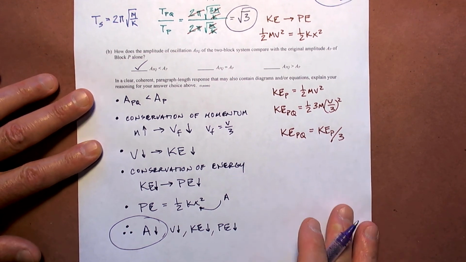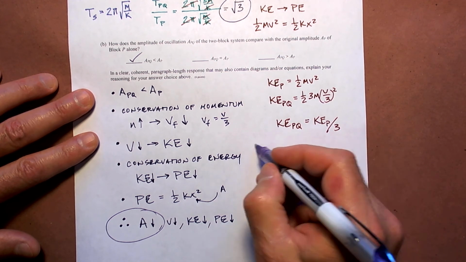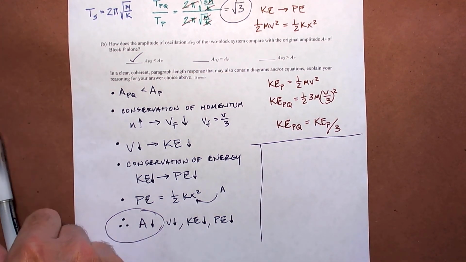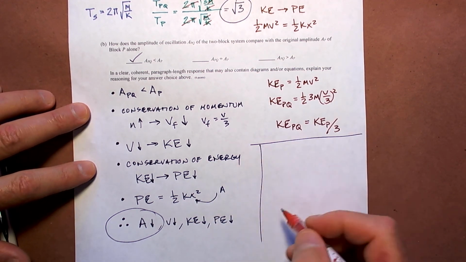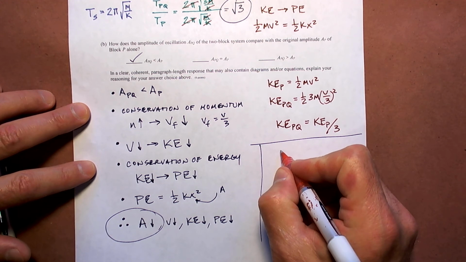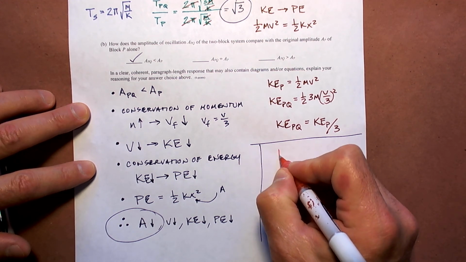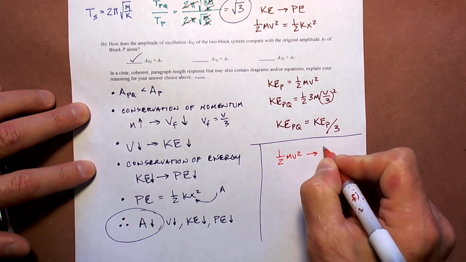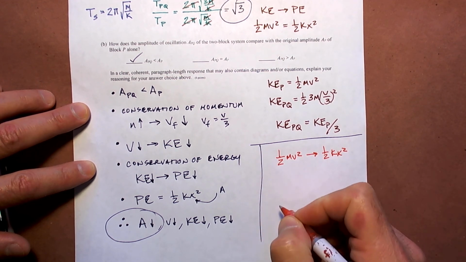Now, another thing to consider is, what if you took this conservation of energy idea a bit further? If you don't quite trust this reasoning, let's take a look. We have 1/2 mv squared turning into 1/2 kx squared, and those two things have to be equal.